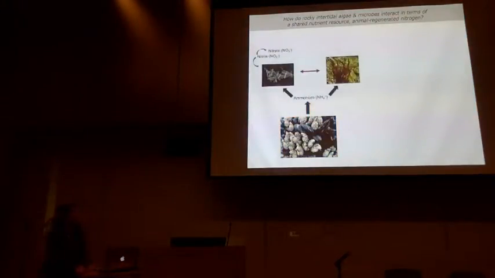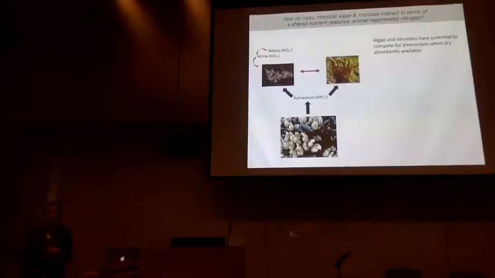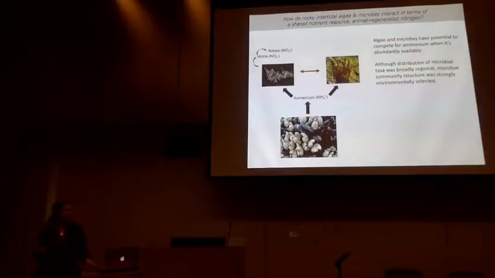So, back to the question that I began this talk with: how is it that these rocky intertidal algae and microbes are interacting in terms of this shared nutrient resource? My first chapter, I hope, convinced you that algae and microbes have the potential to compete for ammonium, but only when it's abundantly available in my mesocosm system.